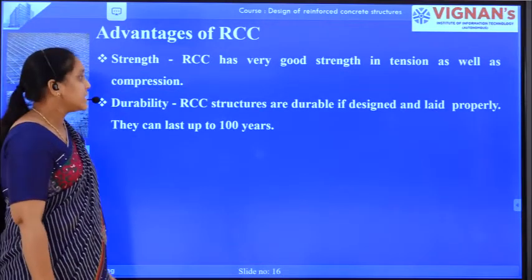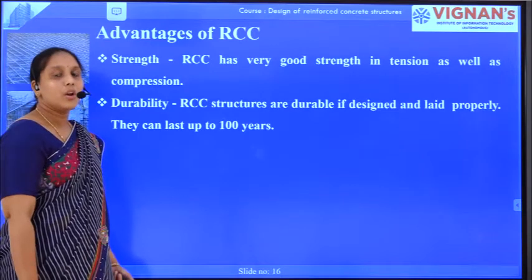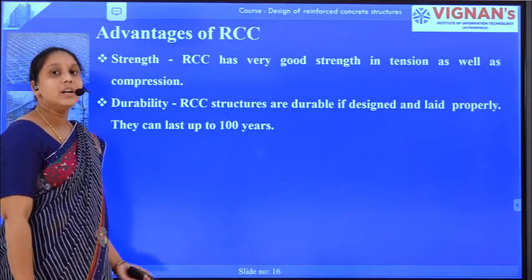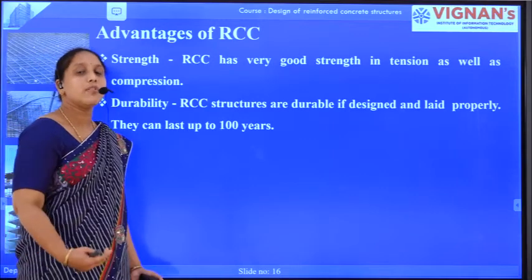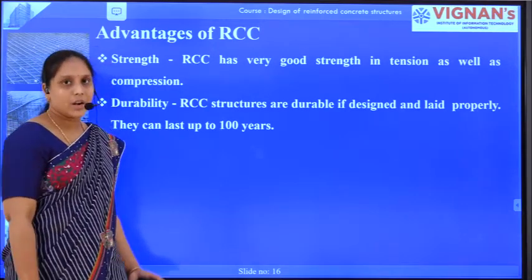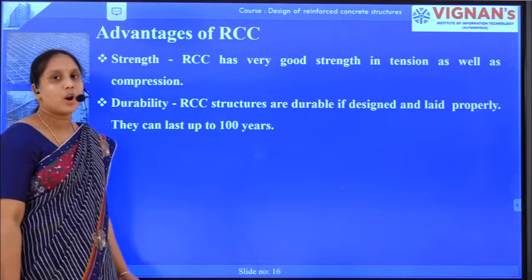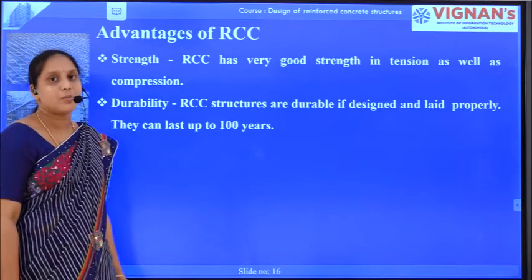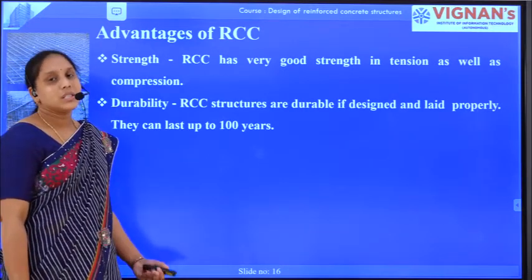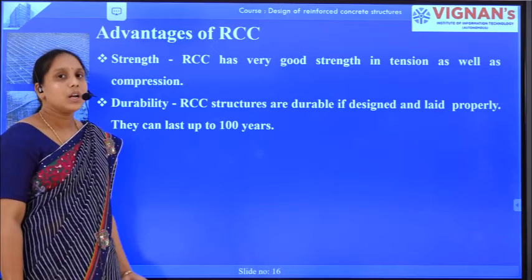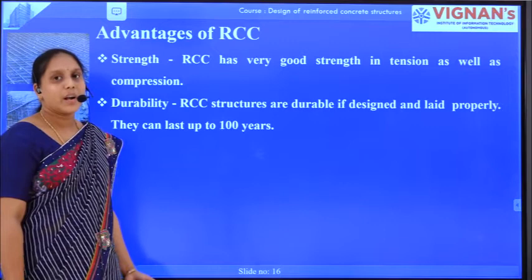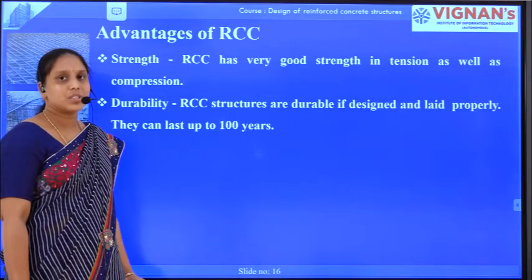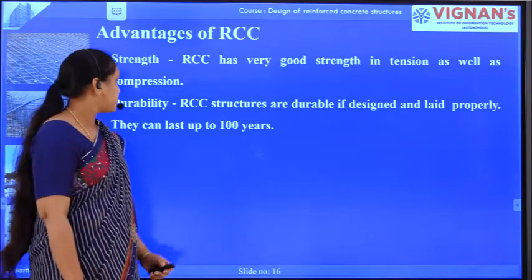RCC structures have a very long life if they are designed properly and laid properly. If the design is done properly, and the casting and curing are done properly, RCC structures have a longer life of up to 100 years. So that is the advantage, RCC structures are durable.